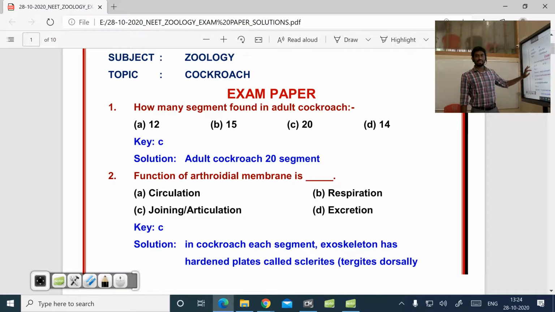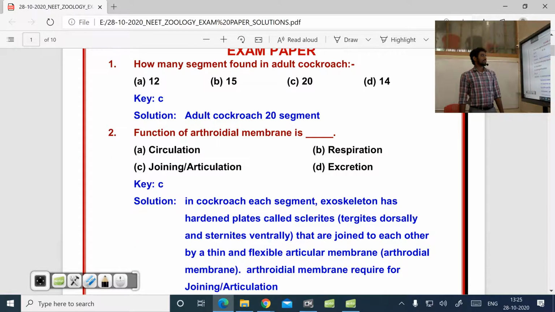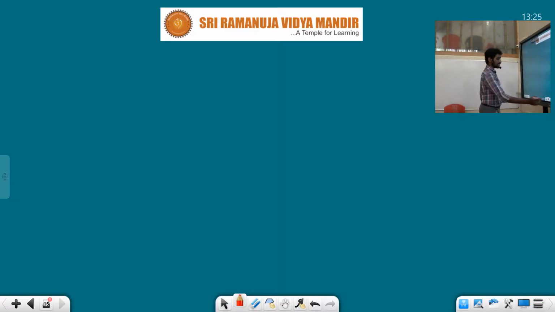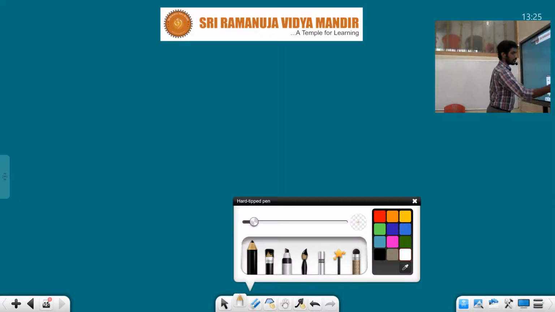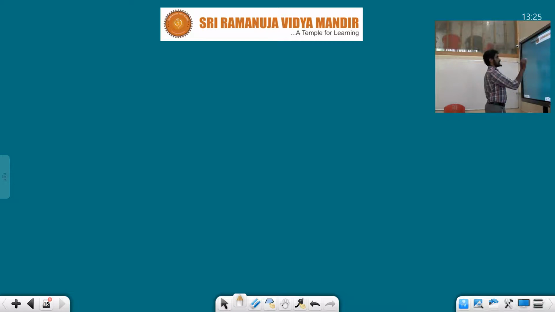Now another question you can see: the function of arthrodial membrane. That means joining and articulation. Let us talk about it, that is a very, very important concept. So let us recall: the body of the cockroach is made up of an exoskeleton, right?